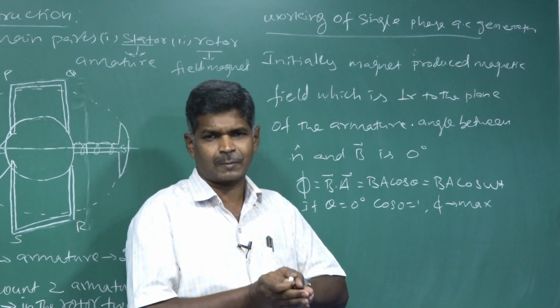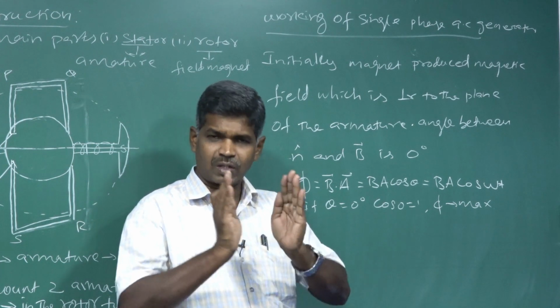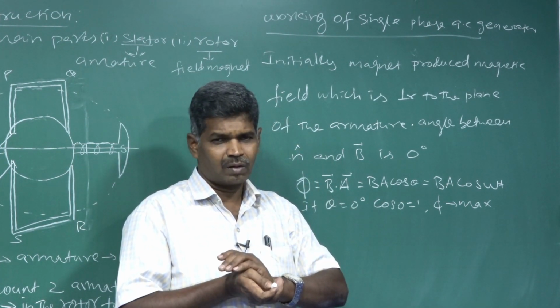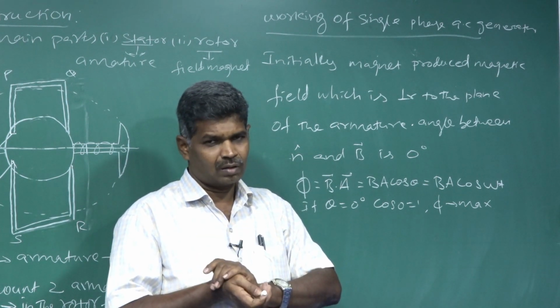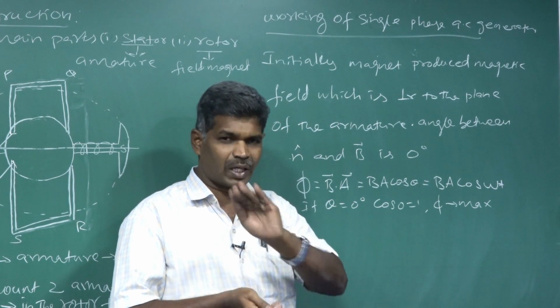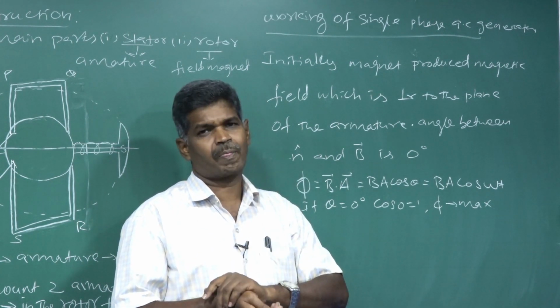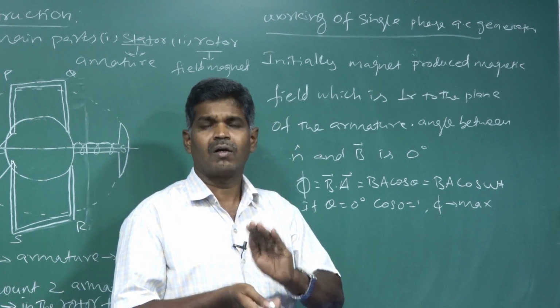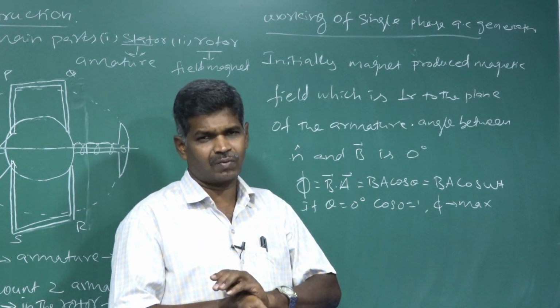The flux is maximum but there is no change in magnetic flux, and without changing magnetic flux we cannot induce an EMF. That's why at the initial position the induced EMF value is 0, even though the flux linked is a maximum.